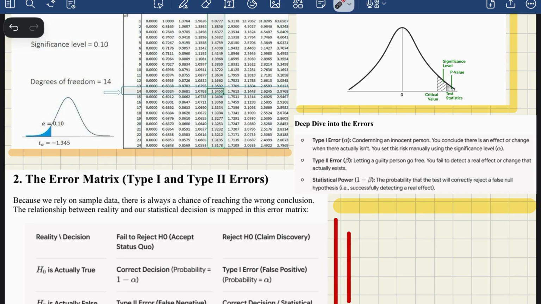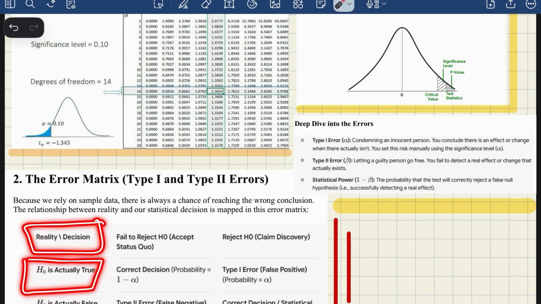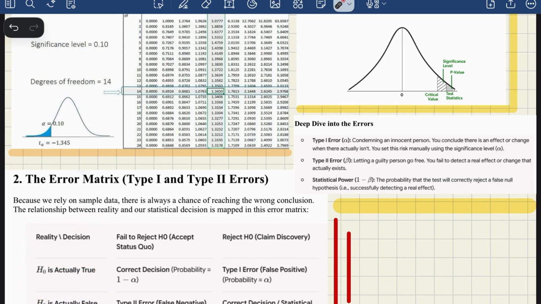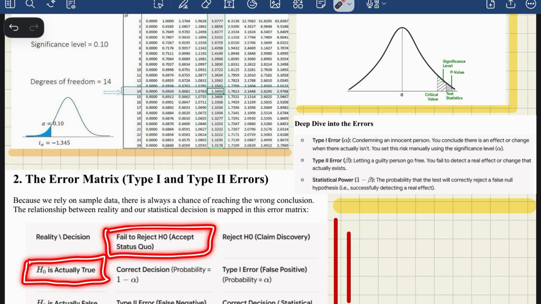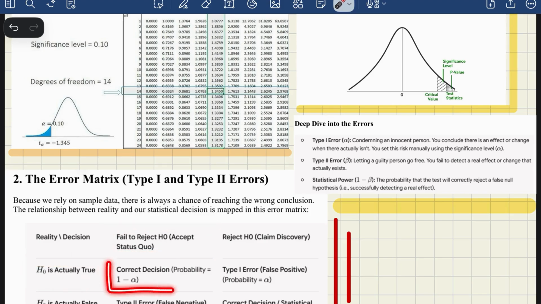These are the decisions, and this is the reality: the null hypothesis is true, and the null hypothesis is false. If in reality the null hypothesis is true and we fail to reject it, then we have made the correct decision. The mathematical probability of this is 1 minus alpha.